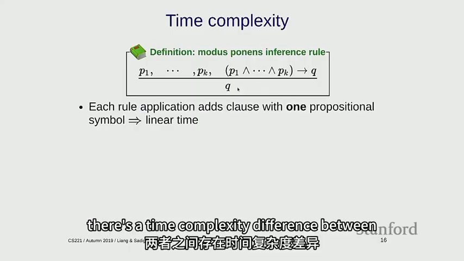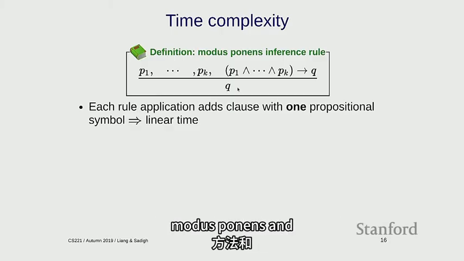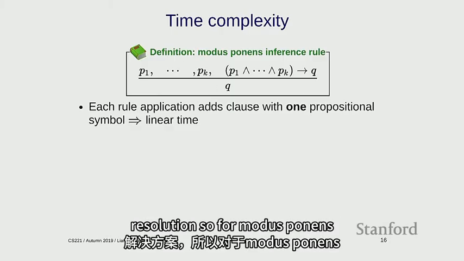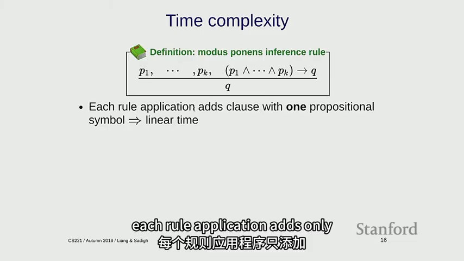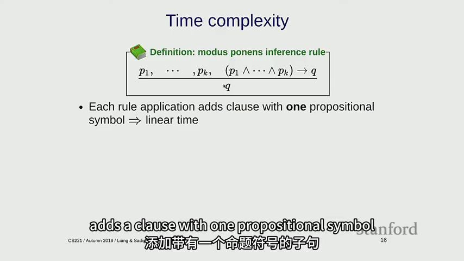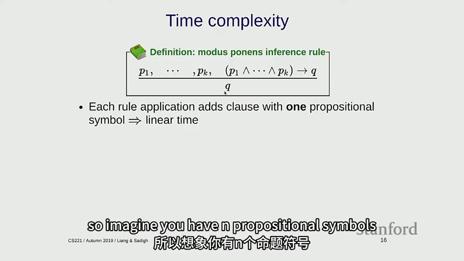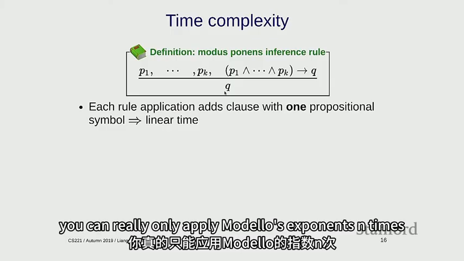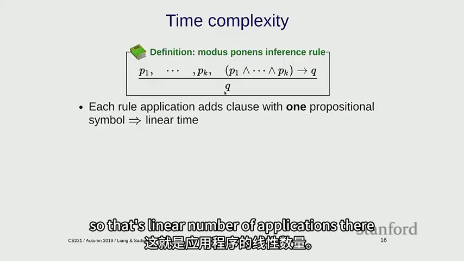there's a time complexity difference between modus ponens and resolution. For modus ponens, each rule application adds a clause with one propositional symbol. So imagine you have n propositional symbols. You can really only apply modus ponens n times. So that's a linear number of applications there.